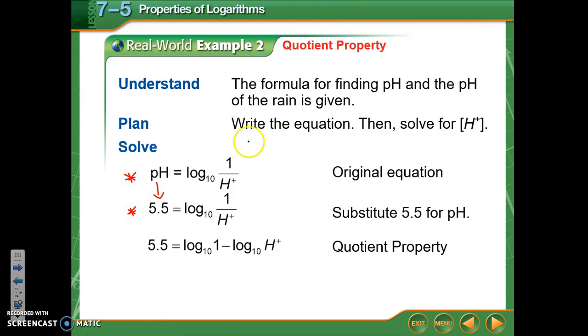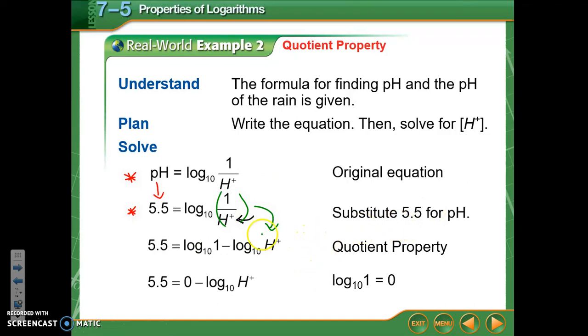And then I need to figure out a way, H plus, my hydrogen ions, that's my variable. So I need to figure out a way to get it out of the logarithm. So what I'm going to do is use the quotient property, because this is the logarithm of a quotient. So I can rewrite it as the logarithm base 10 of 1 minus log base 10 of the hydrogen ions. Log base 10 of 1 is 0.